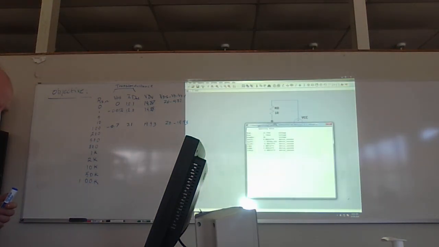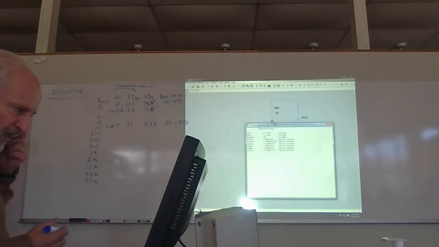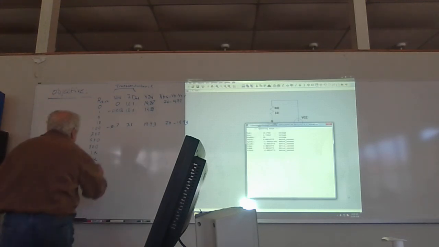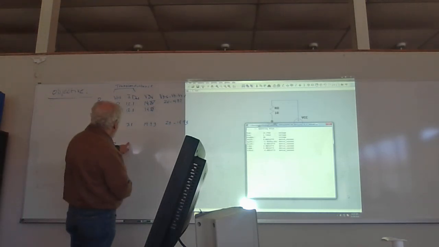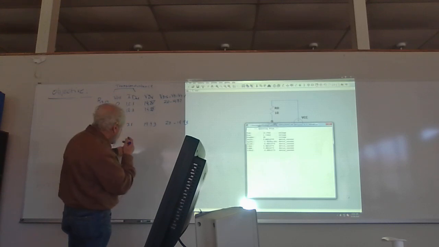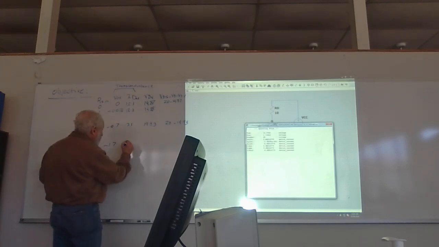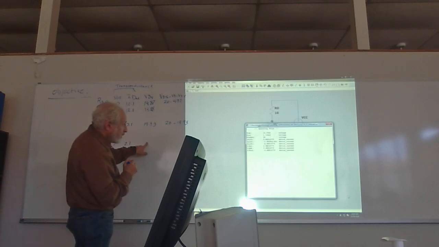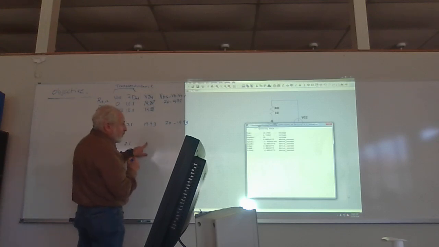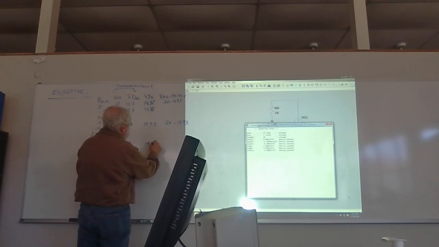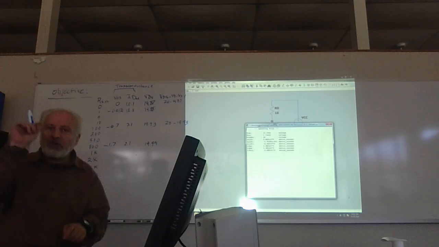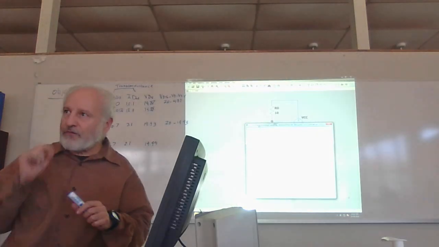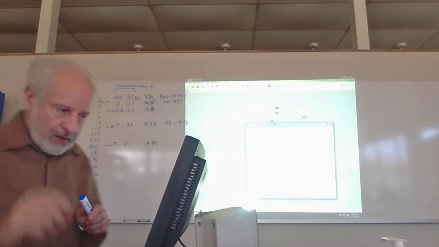So with this, at 800, we could see now that we have minus 1.7. And our ID will be 2.1, actually almost 2.2 milliamps. This is 19.99. And obviously you have 20 minus 19.99, so you really have a fraction of a voltage drop against VDS.